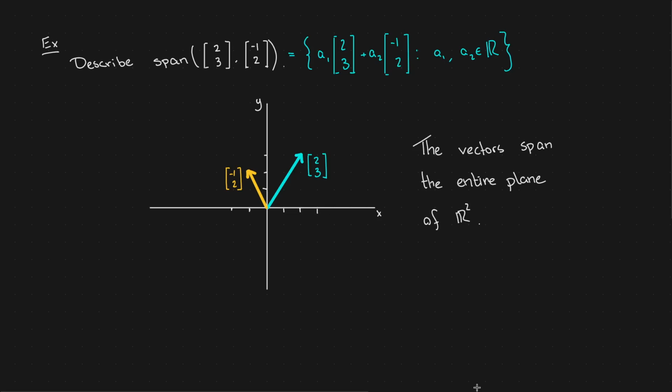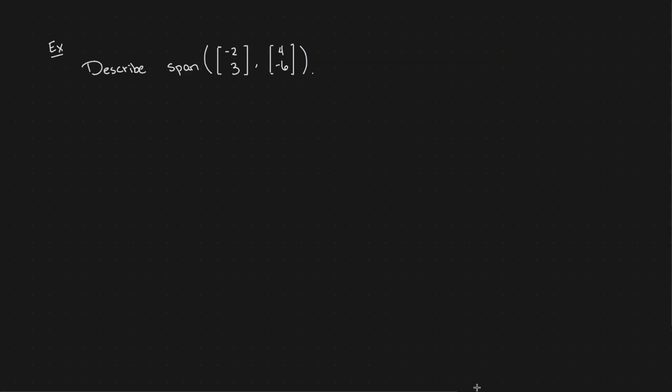All right, let's look at one more. Again, we want to describe a span of two-dimensional vectors. Now we have two vectors again, so you might think right away that that means we're going to span the entire plane. But let's check. It's the set of all linear combinations of these two vectors.